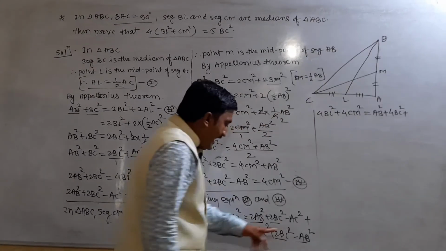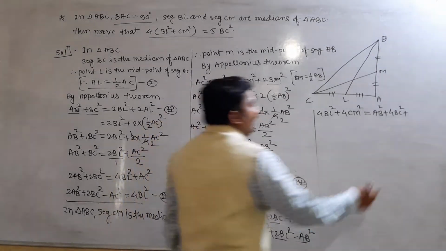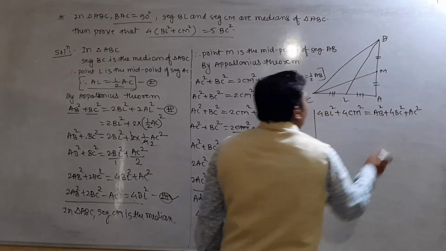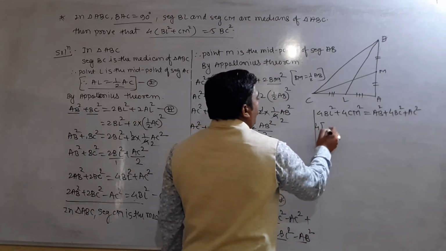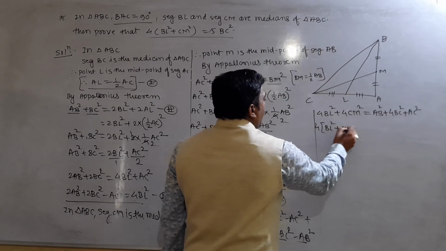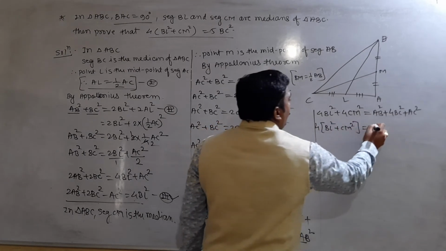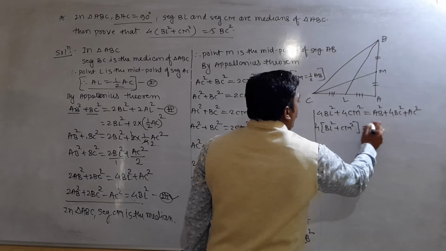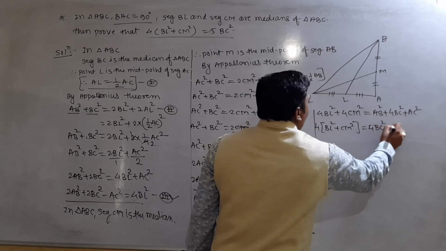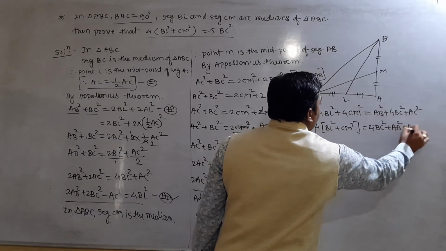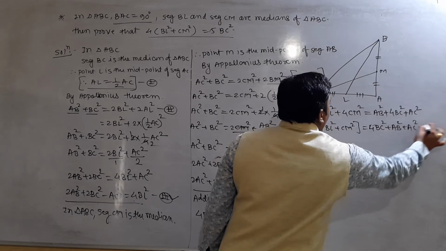Then from 2AC square, AC square cancels, and what is left is AC square. So 4 in bracket BL square plus CM square is equal to 4BC square plus AB square plus AC square. This is equation 5th.